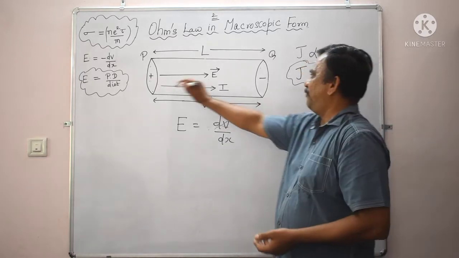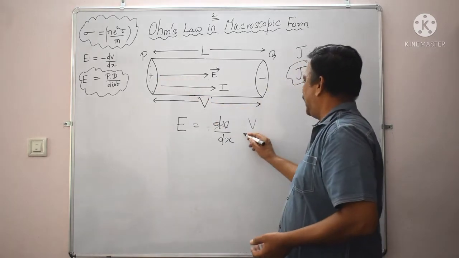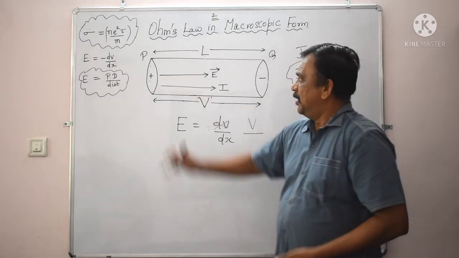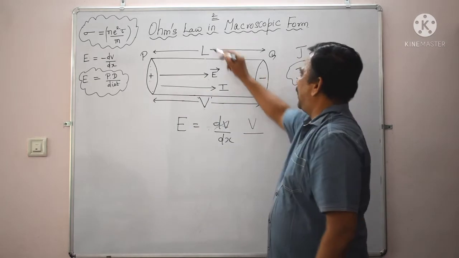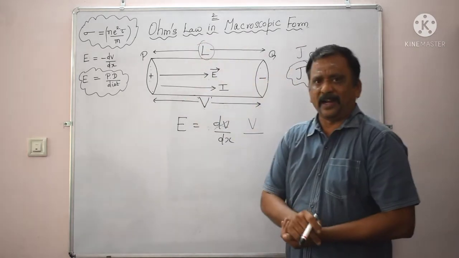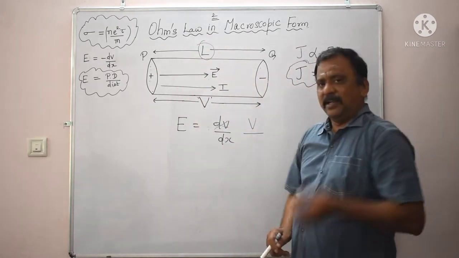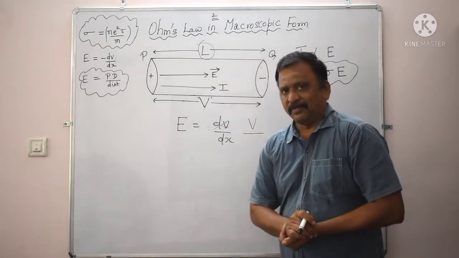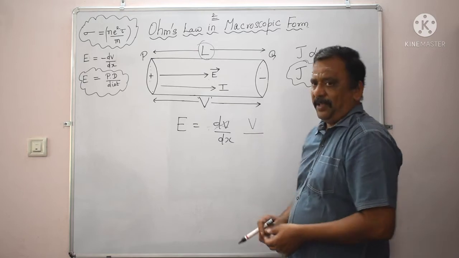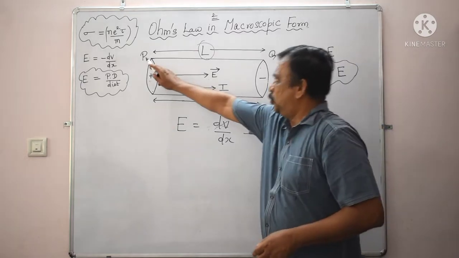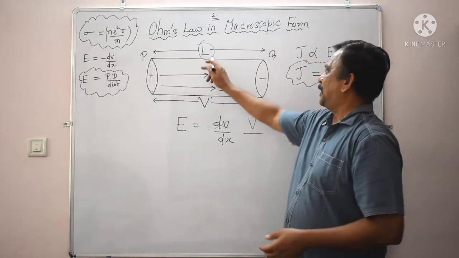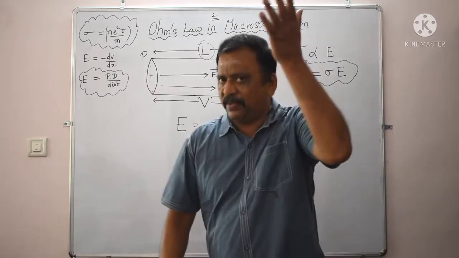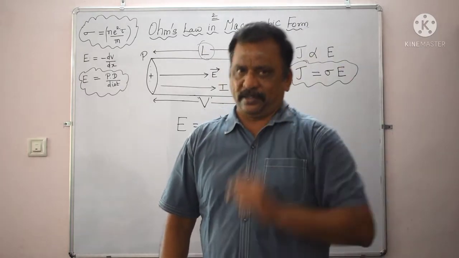V is the potential difference between the two ends of the conductor, divided by the distance between the two ends of the conductor, which is nothing but the length of the conductor. The dx is the distance between the 2 points between which the potential difference is dV. So here the potential difference V is the difference in potential between the 2 points P and Q, which are separated by a distance equal to L, which is nothing but the length of the conductor, isn't it?